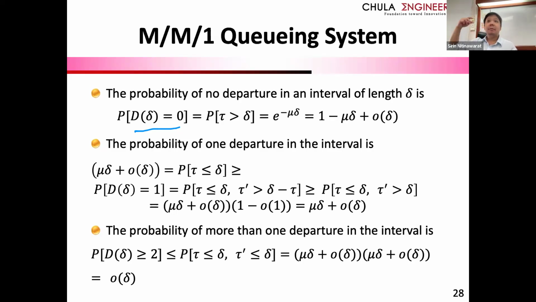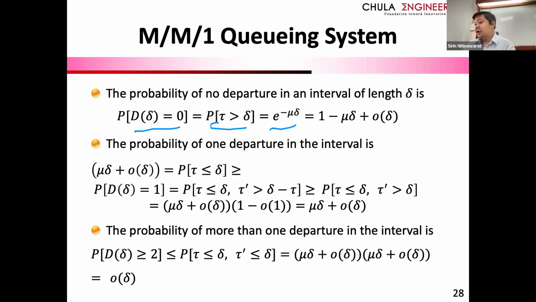Again, for the service mechanism, it is the exponential distribution. So if there's no increment in D of t for small delta, that means that the current service time is longer than delta. And because you know that tau is an exponentially distributed random variable with parameter mu, you can calculate that probability.